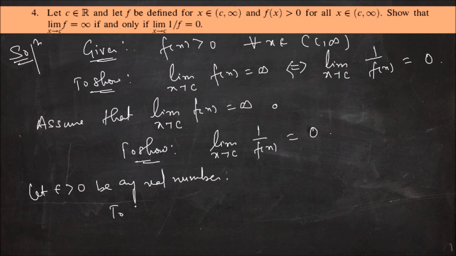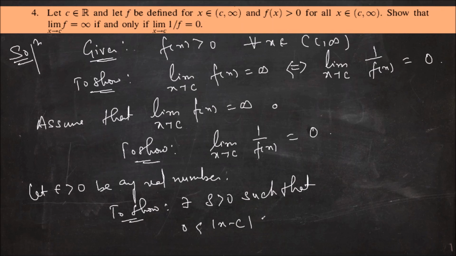Then we have to show there exists delta greater than 0 such that 0 less than mod x minus c less than delta implies 1 by mod f x minus 0 is less than epsilon. So this is what I have to show.